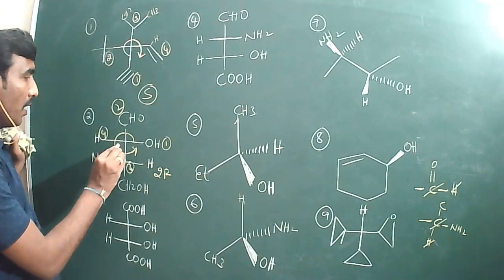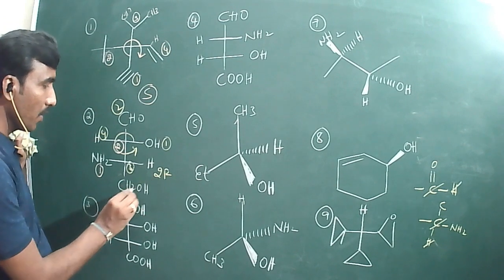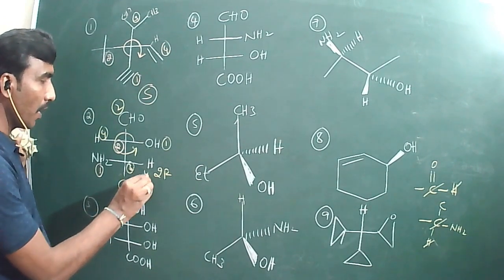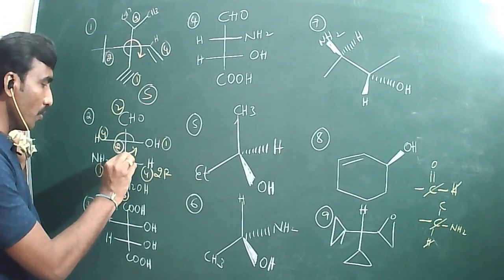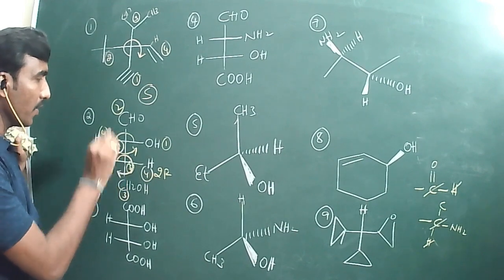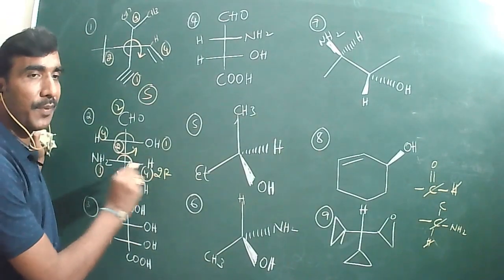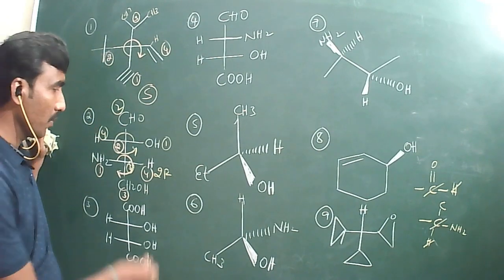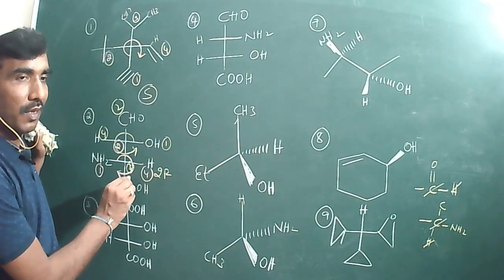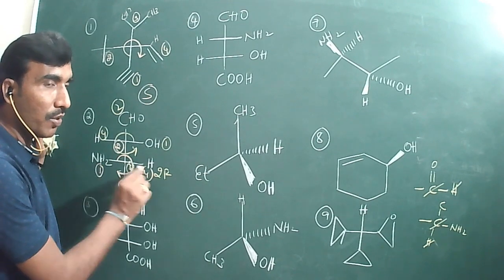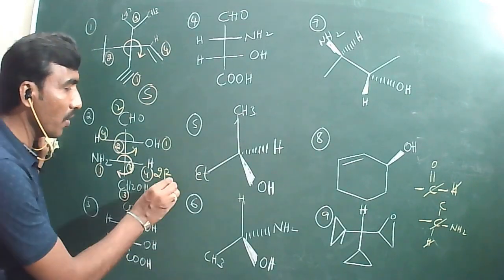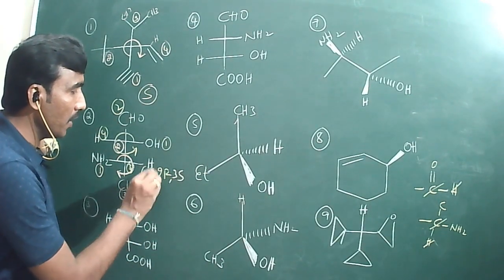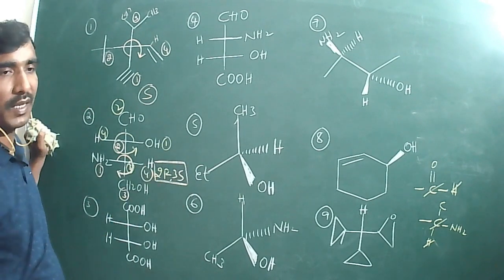The entire part will get second priority and third priority and fourth priority. 1, 2, 3 clockwise direction. Again the least prior group is on horizontal line. So what we should give? Clockwise. But the least priority group is on horizontal line. So I should give S or not? 3S. It is 2R 3S. Understood?